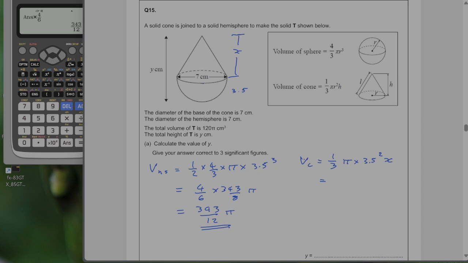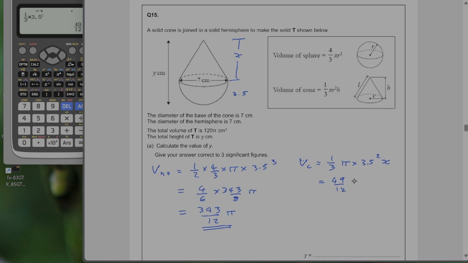I'm not going to worry about it too much though. So if I do 1/3 times by 3.5 squared, that's going to be 49/12 pi times by x.